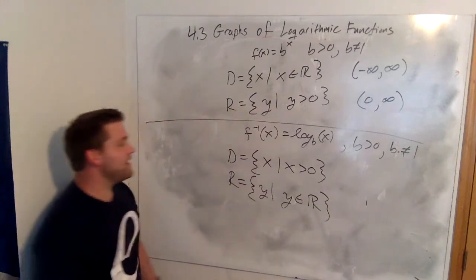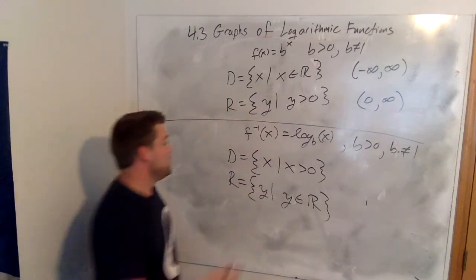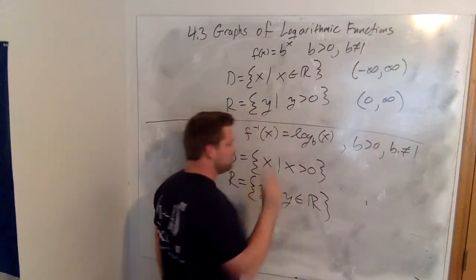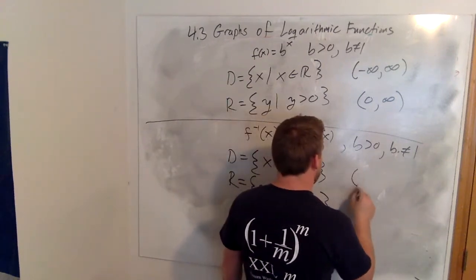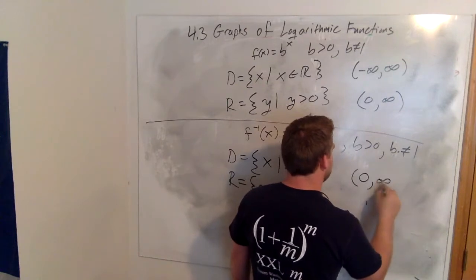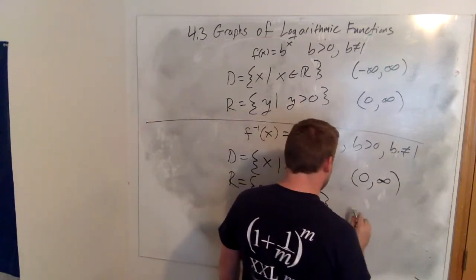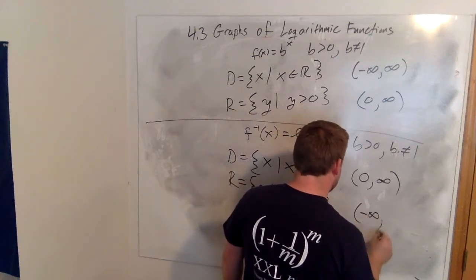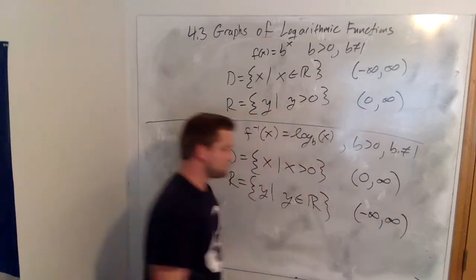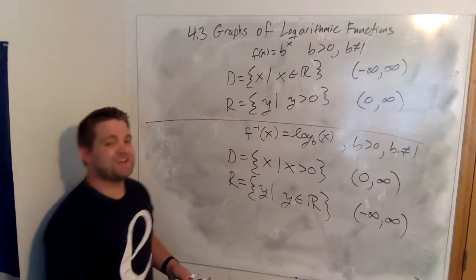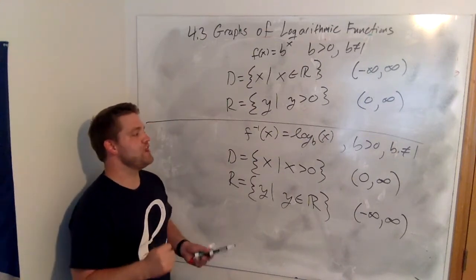So what is the domain and range of a logarithm? Well, you can only plug in numbers strictly bigger than 0 into a logarithm. So the domain of a logarithm is from 0 to infinity. The range of a logarithm is from negative infinity to infinity. We need to pay attention to this because we now have a new domain restriction.